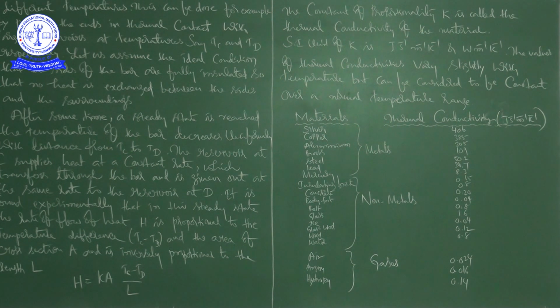You may have noticed that some cooking pots have a copper coating on the bottom. Am I right? Because copper is a good conductor of heat, it promotes the distribution of heat over the bottom of a pot for uniform cooking.